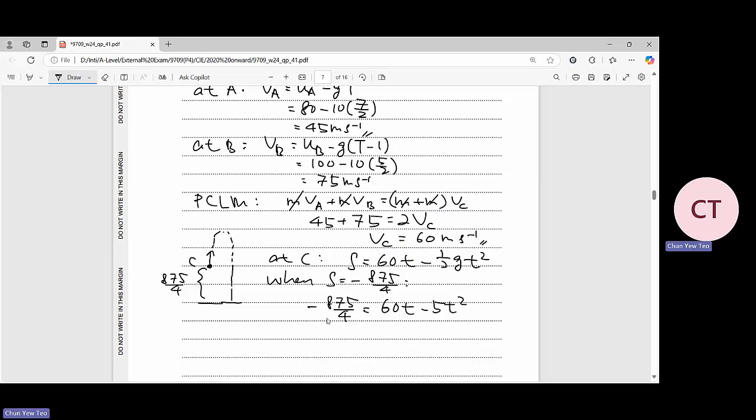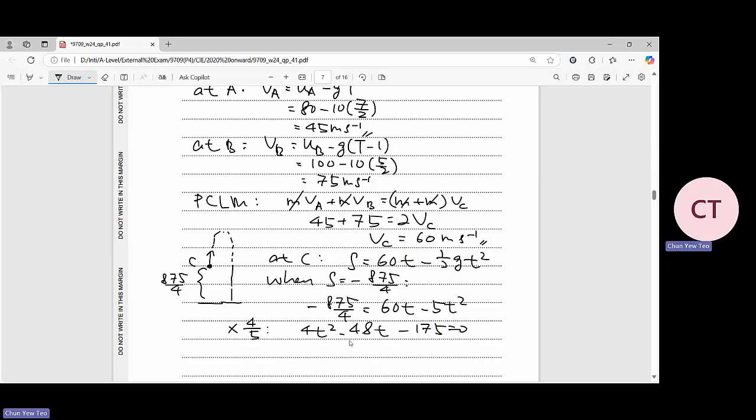We will have a quadratic equation here, but first let me multiply everything by 4 and divide by 5. I get 4t squared minus 48t minus 175 equals 0.